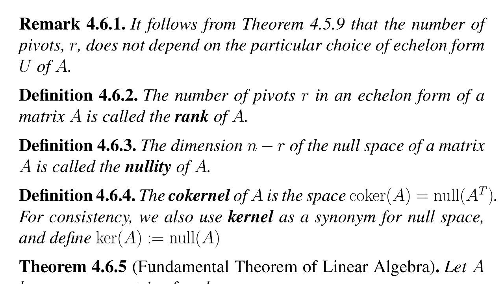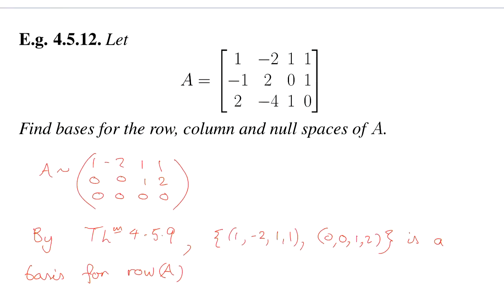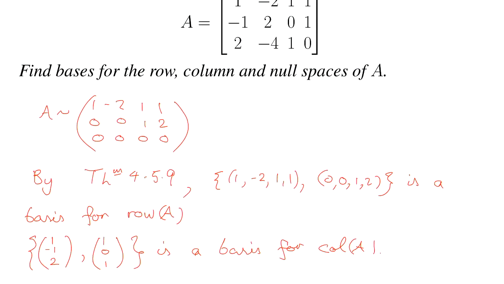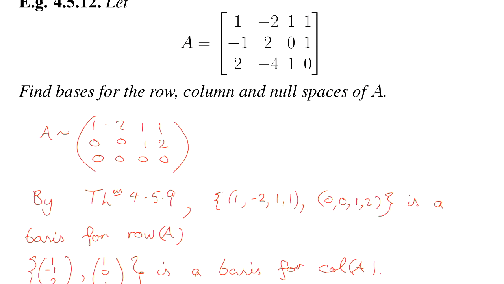Okay. So this number of pivots is obviously important because it gives the dimension of the row space and the dimension of the column space, right? That's another observation. You'll notice here that in each case, when we write down a basis for the row space or a basis for the column space, we get as many things in our bases as we have pivots, right?